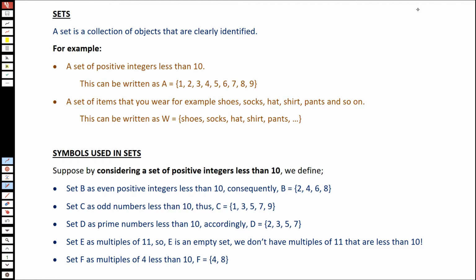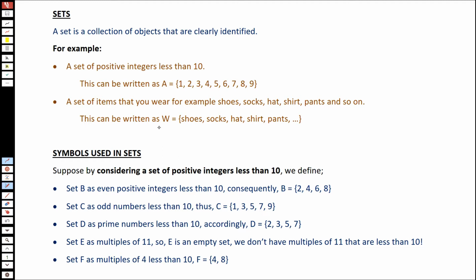So for example, if we are considering a set of positive integers less than 10, we can say A equals, and then we use the curly bracket before we list those numbers with commas in between, like what we have here. And the same thing applies to what we wear.